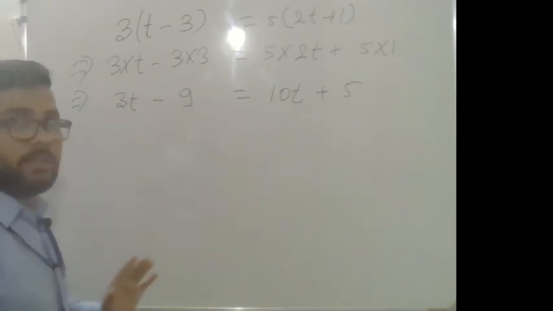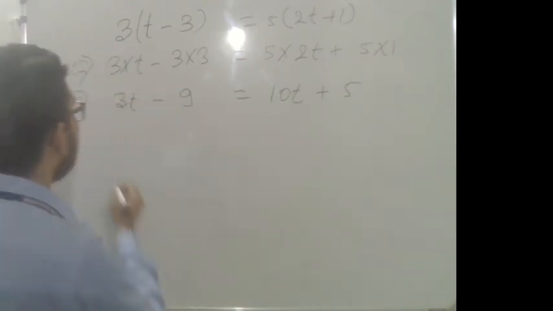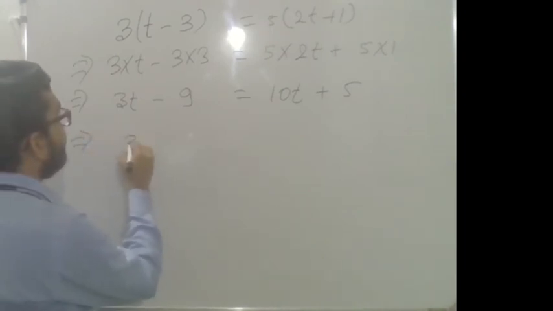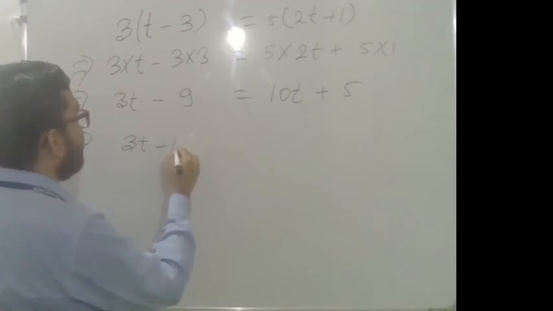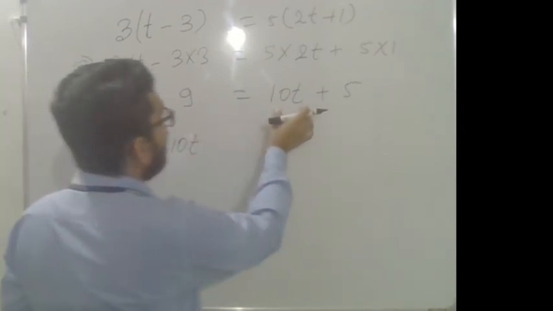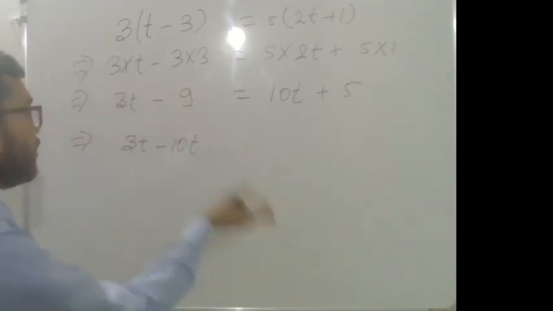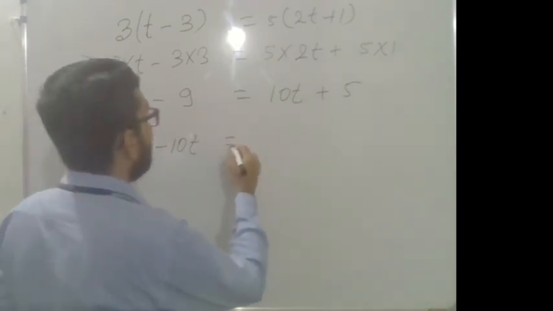Transposition means put all the variables on the same side. 3t minus 10t. This 10 is in positive form, after transposition it will be negative.